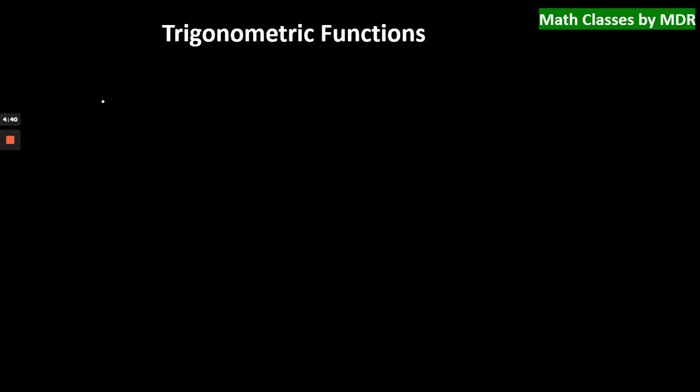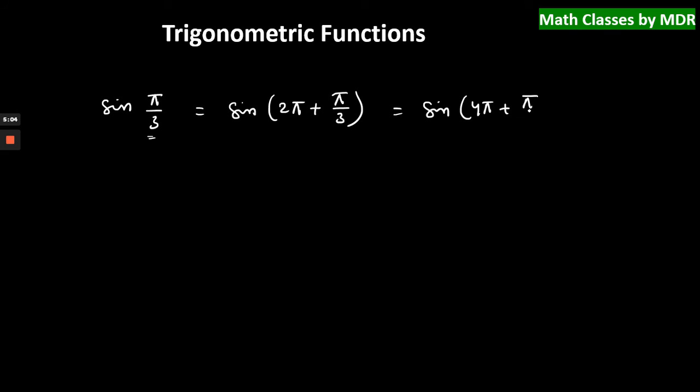I mean to say that if you take sine pi by 3, it is also equal to sine of 2 pi plus pi by 3, because 2 pi is nothing but a complete rotation. After the complete rotation, 2 pi plus pi by 3 will be in the same position as pi by 3. Similarly, sine of 4 pi plus pi by 3 is also the same value as sine pi by 3, right?